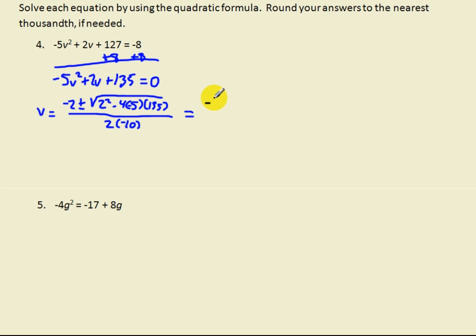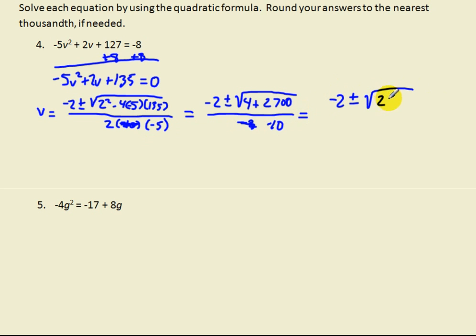So this is negative 2 plus or minus the square root of 4 plus 2700. All over negative, this was supposed to be a negative 5. I was jumping ahead. And this is a negative 10. So we get negative 2 plus or minus the square root of 2704 all over negative 10.